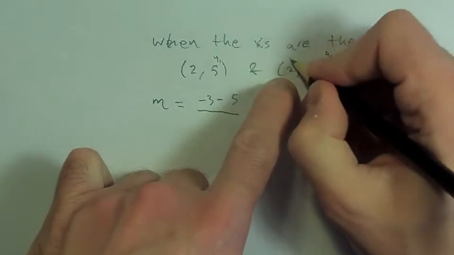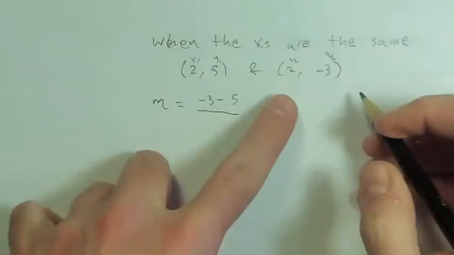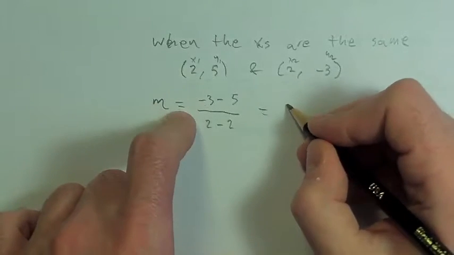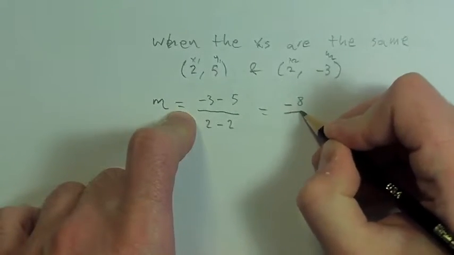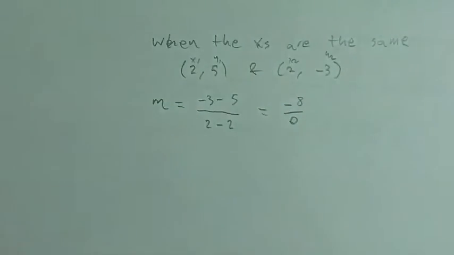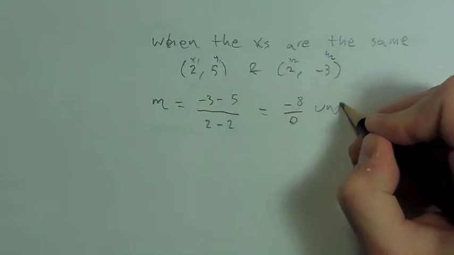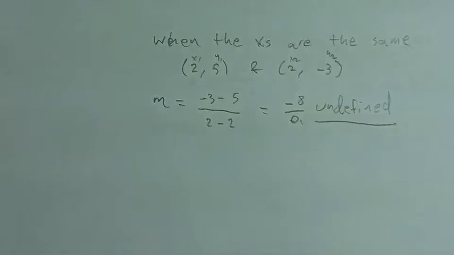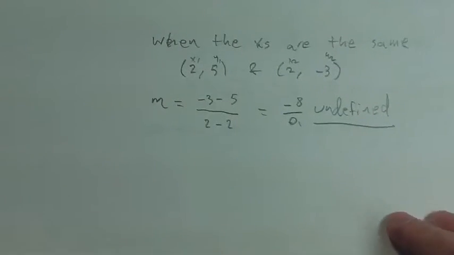And then you're going to do your x2 minus x1, so you're going to end up with 2 minus 2. So you end up with negative 8 over 0, which is undefined. Right? Can't divide by 0, so this gives us a vertical line.